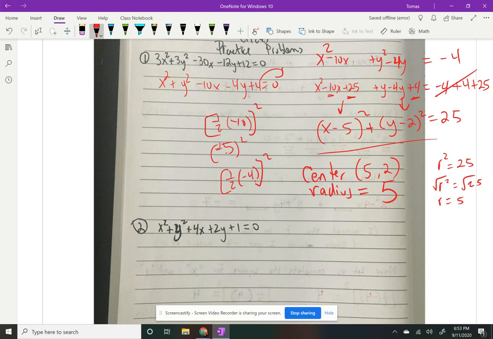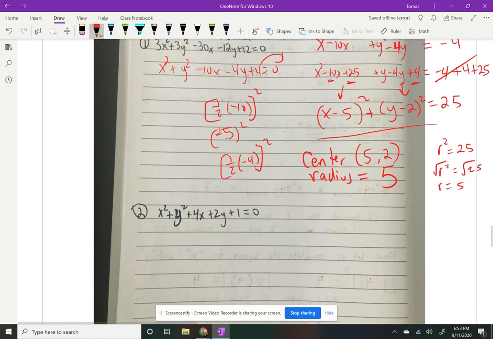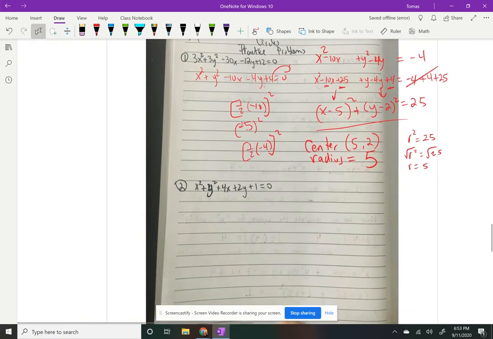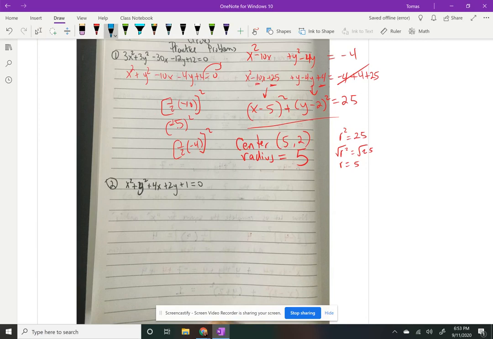So now, if we wanted to do this one right here, we could do the same steps. Here we can't reduce anything, but we could combine the x's together, the y's together, and then again, I'm going to push this negative 1 over here. I complete the square.